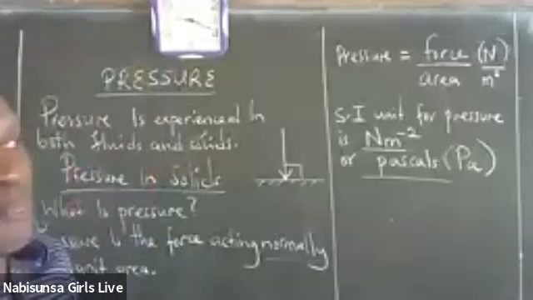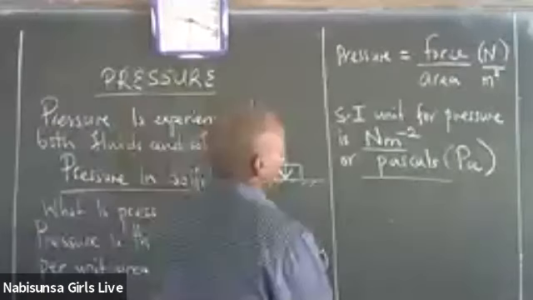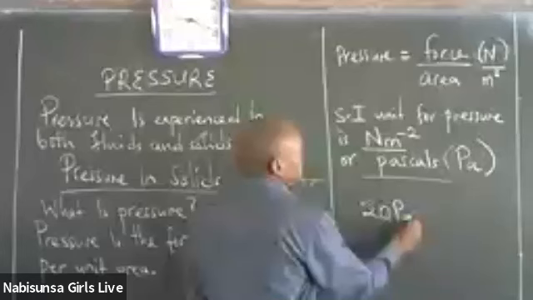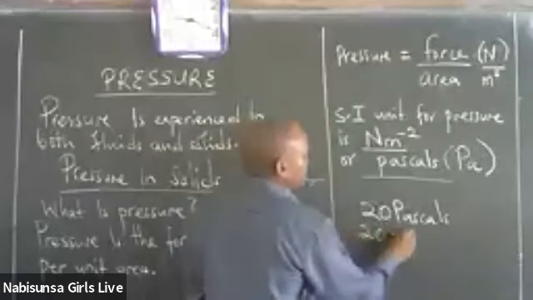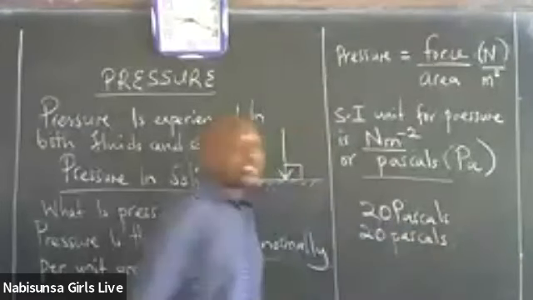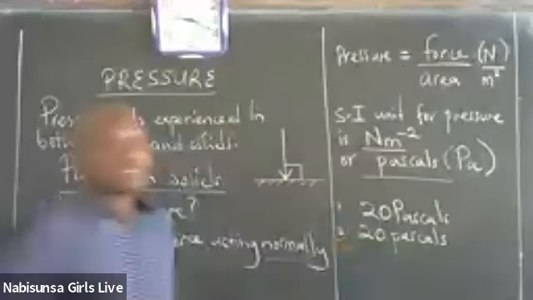And the other time I was telling students, when you have to use pascals, let me give you an example. If I say pressure is 20 pascals, and somebody writes 20 pascals, which of the two is correct? Is it the first one or the second?